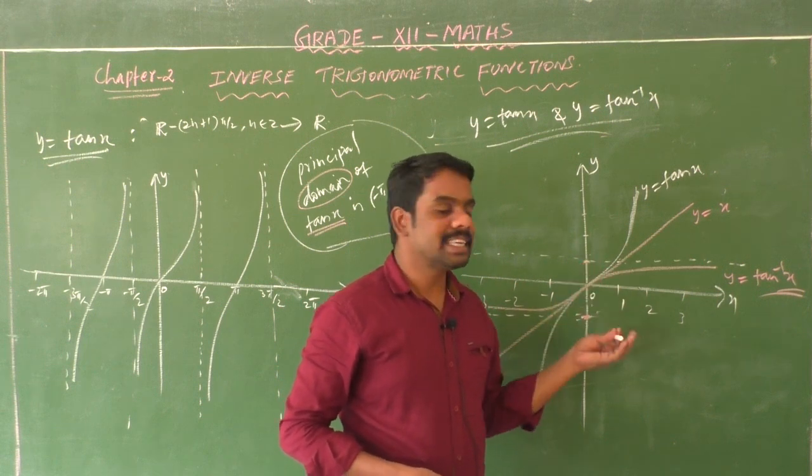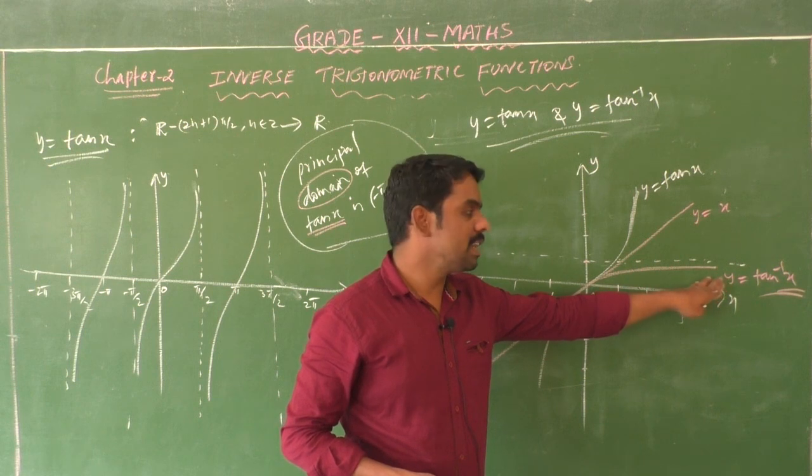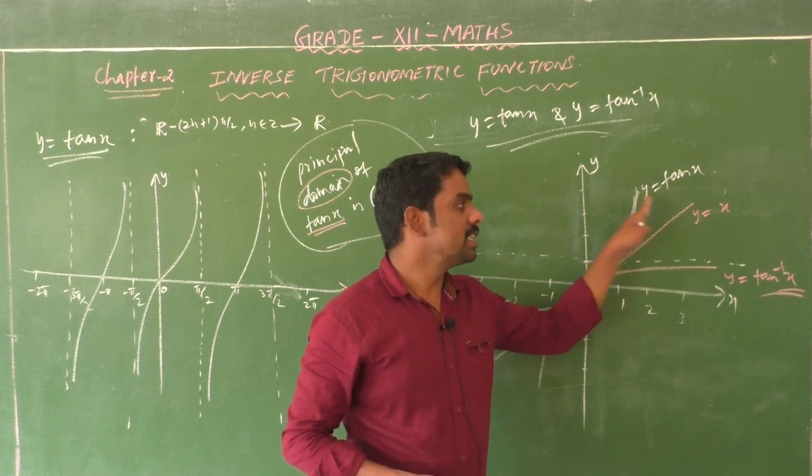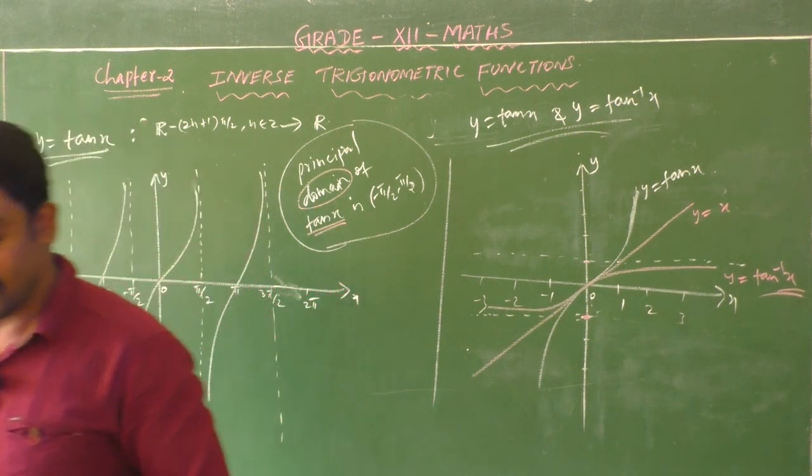Here y equal to tan x is a mirror image of y equal to tan inverse x, and also the mirror image of y equal to tan inverse x is y equal to tan x, symmetric about the y equal to x line, right?